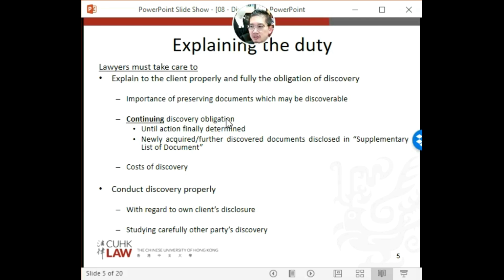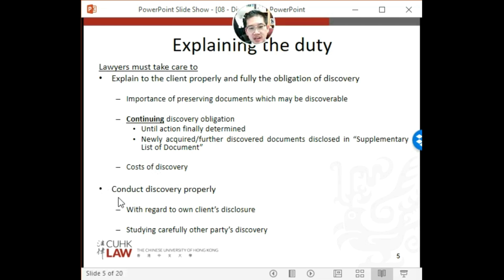Even though today or next week we look at all the documents and decide which to disclose, there might be in the future more relevant documents I discover. Your duty then is to provide a supplementary list of documents. It does not stop as soon as you file your first list of documents.